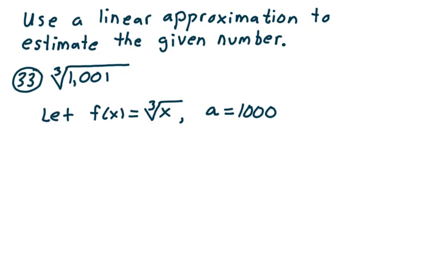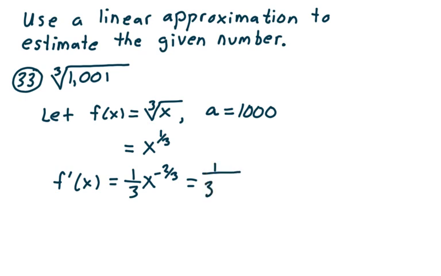Okay, cube root of x can be written as x to the 1/3. Now, f prime of x is 1/3 x to the negative 2/3, which we've done in an earlier problem, which is 1/3 x to the 2/3.